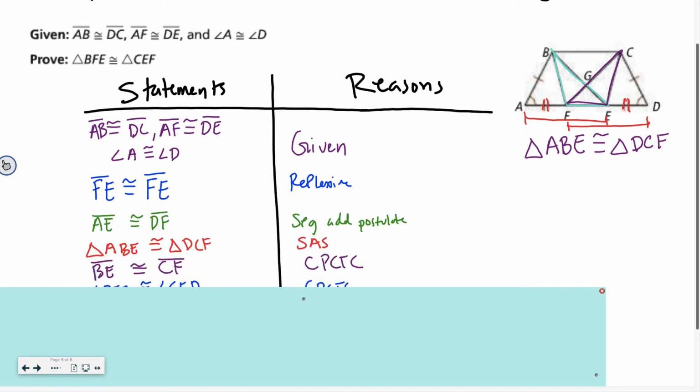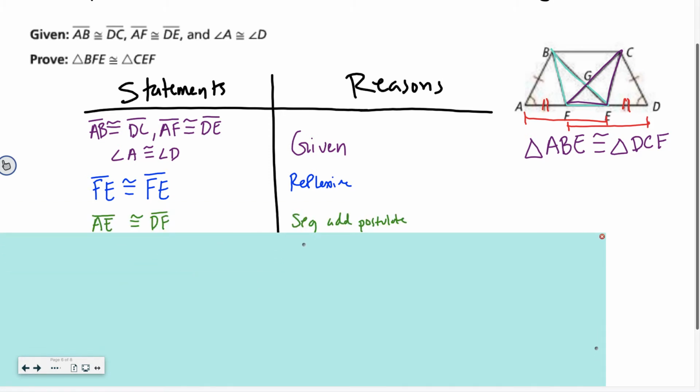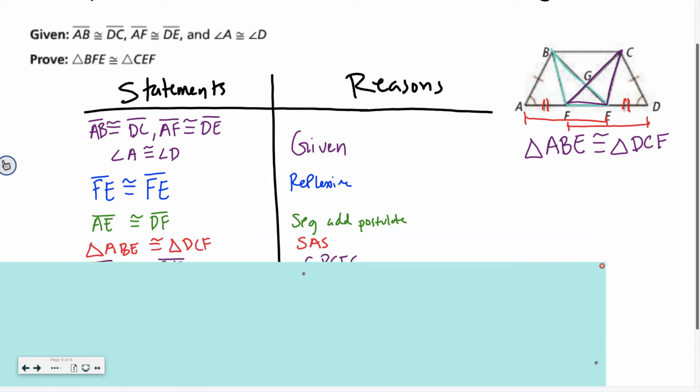So now that I've done that, I have the whole bottom segment of that triangle, and then I was already given an angle, and then I have another side. So I can say that triangle ABE is congruent to triangle DCF because side, angle, side.